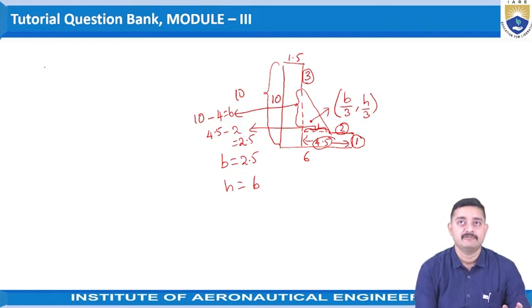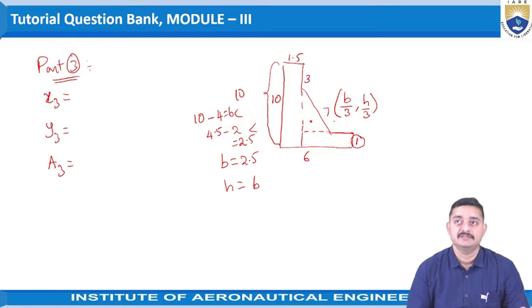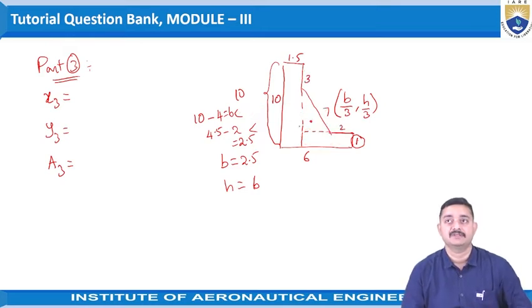Now for part 3, whose centroid we are going to identify, we can take it as x3, y3 and a3. Now let us identify x3, y3 and a3. This is 3 given, this is 2 given, right?